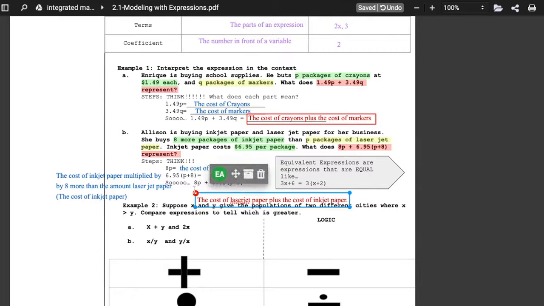And so for some of you, it might look confusing because it's 695p plus 695 times p plus 8. But you have to remember equivalent expressions are expressions that are equal. So 3x plus 6 is actually the same thing as 3 times x plus 2. Because if we multiply the 3 into the x and the 2, you get 3x, and then 3 times 2 is 6. So that's called the distributive property.